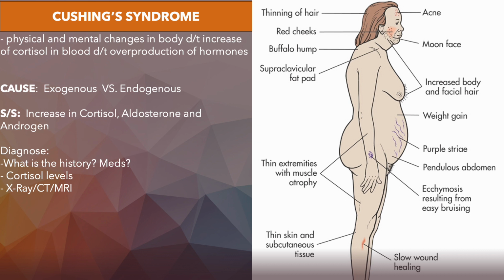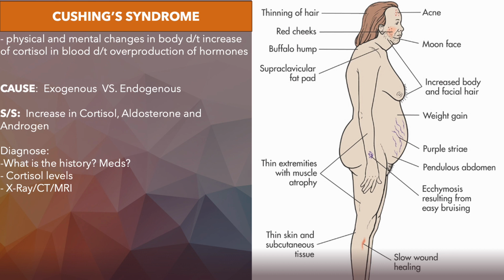So the symptoms of Cushing's syndrome are basically symptoms that are present because of the oversecretion of the cortisol hormones, but they can also be symptoms from the oversecretion of aldosterone and sex androgen hormones, because when too many cortisol hormones are released, sometimes they overstimulate those other hormones.